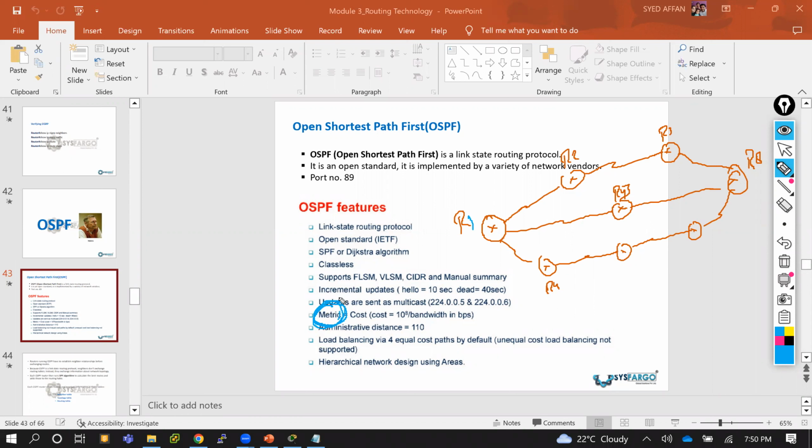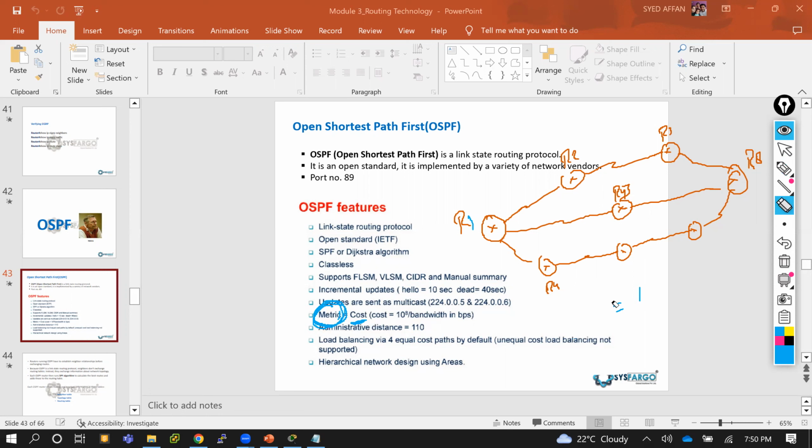Metric means its own calculation to select the best path. So here, the metric is cost. Actually, there is a formula: cost is equal to 10 to the power 8 divided by bandwidth. So you get some number. That's how we have the metric calculation.